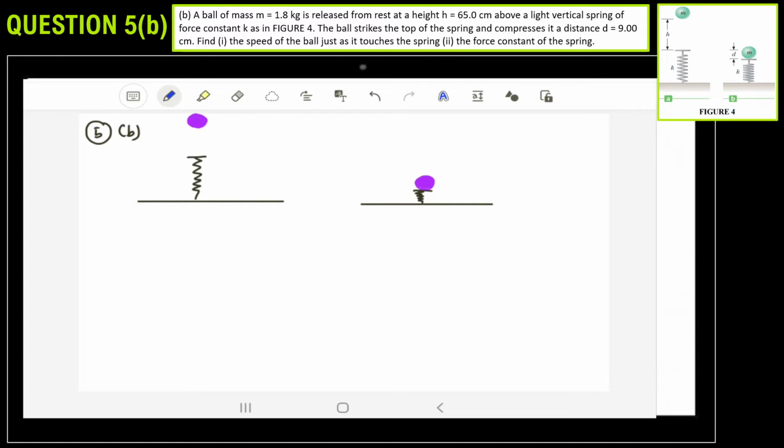So you can refer to the figure 4. You can look at here, h is equal to 65 centimeter.